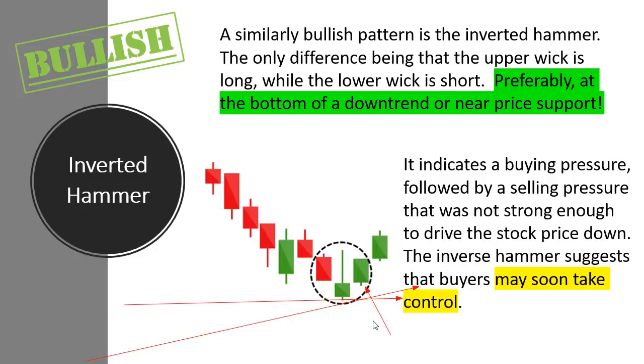And the reason you want that follow through is that we see these patterns quite frequently in charts, but if it doesn't follow through to the upside, if we get a candle like this, that inverted hammer pattern means absolutely nothing. We could be just a pause in the downtrend overall.